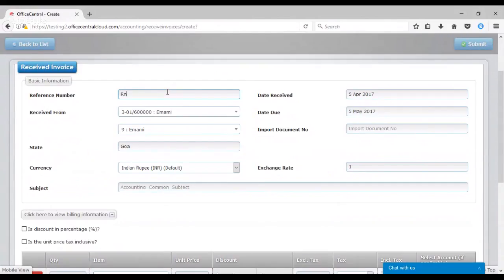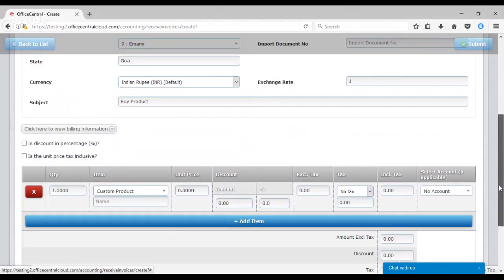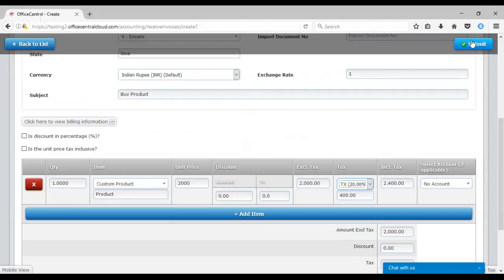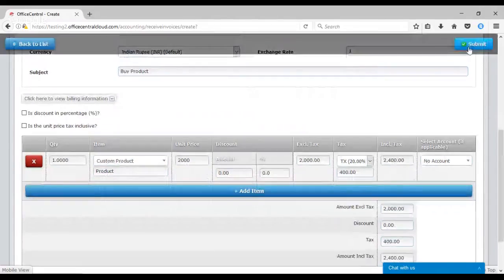Let's say the reference is whatever coming from another state. We are buying some product from them, and the price is 2,000 rupee. Then you select the tax, standard rated, and now you can see that the include tax is 2,400 rupee, and then you save, submit.